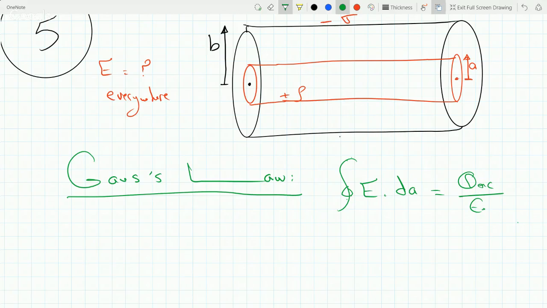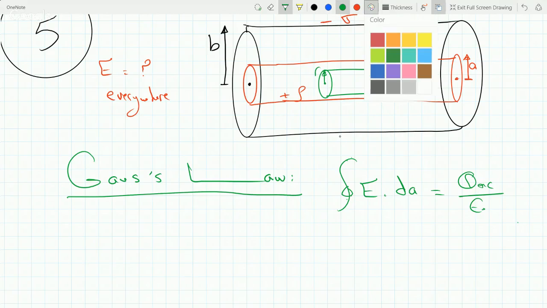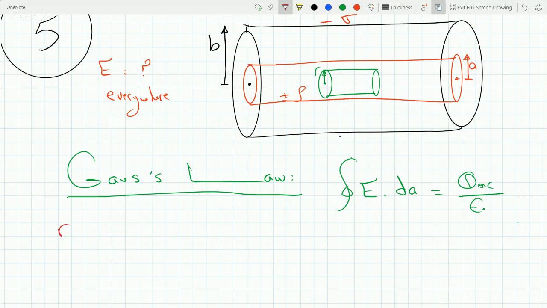And my Gaussian surface, of course, will consist of a small cylinder inside with radius S. So now I am working where S is less than A.